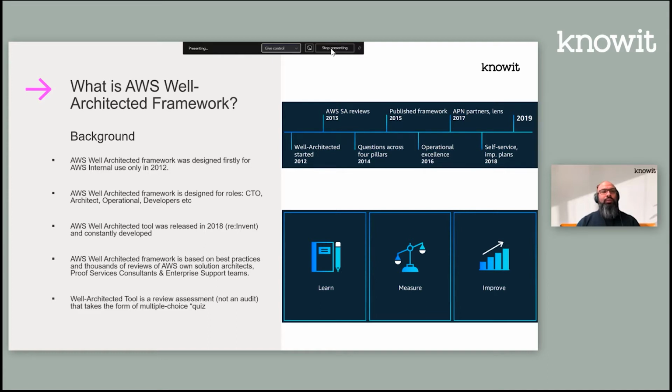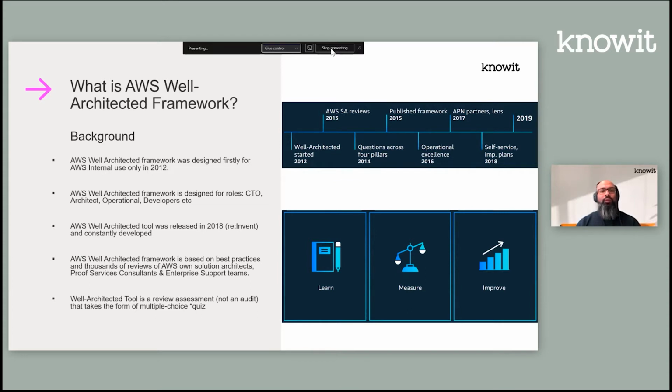And this is scoped for the roles of the CTOs or the architects or the developers, including the operational teams. But back in 2015, they did publish the framework publicly available.